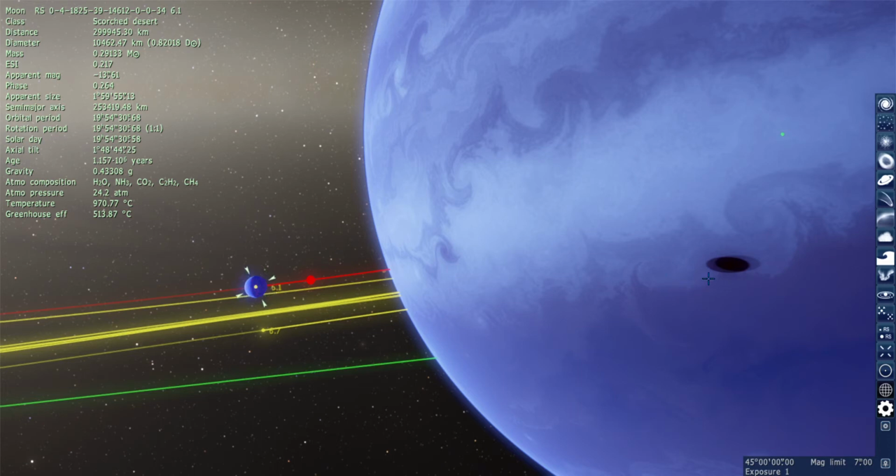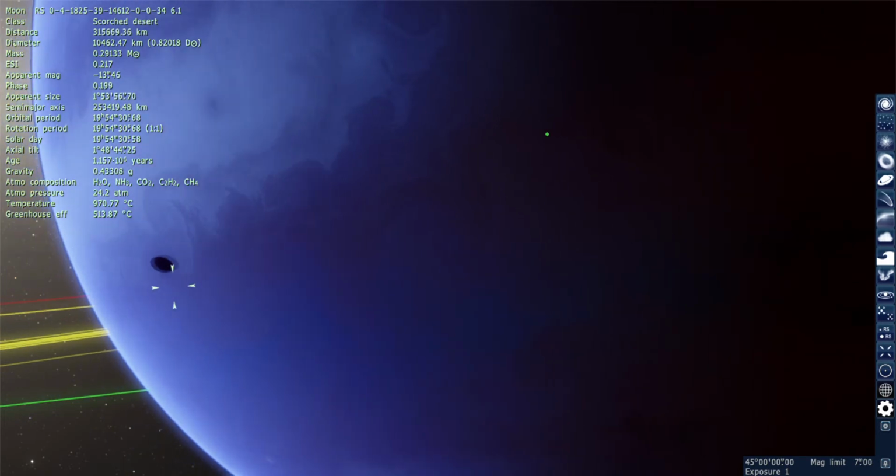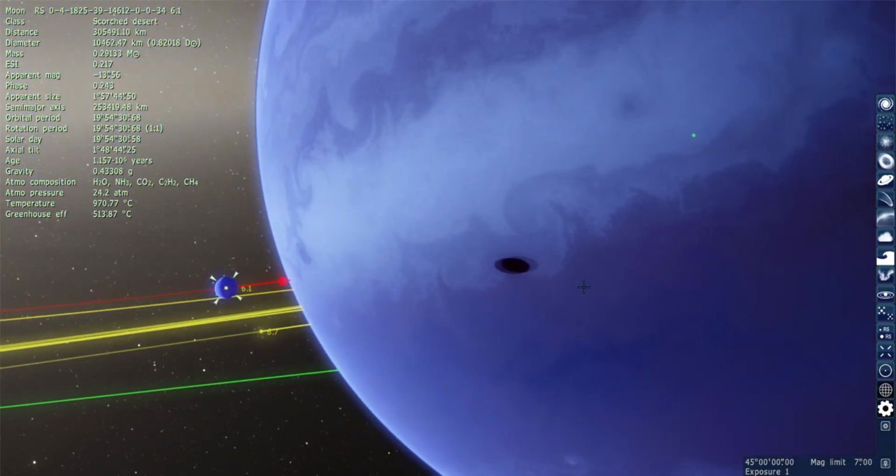So the shadow has started to go around the gas giant. Basically, the point would continue to rotate depending on the position of its parent moon.